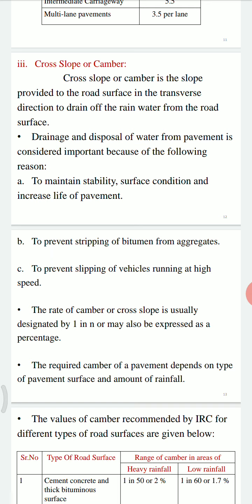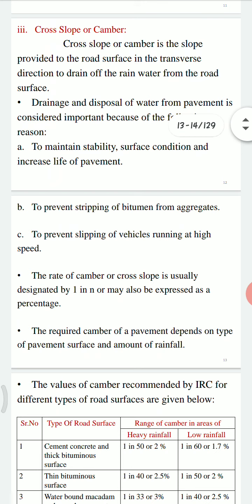It may cause the pavement to be destroyed, eroded by the rainwater. The pavement may be damaged early. So that's why we have to provide the camber to drain the rainwater and to prevent stripping of bitumen from the aggregate.